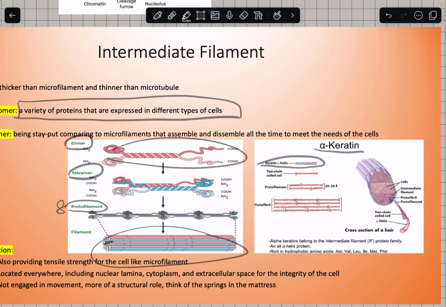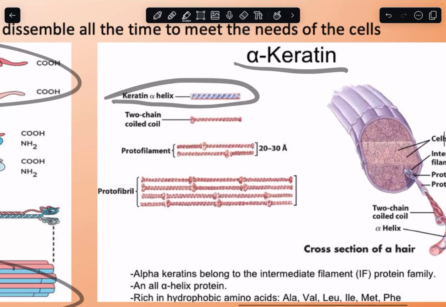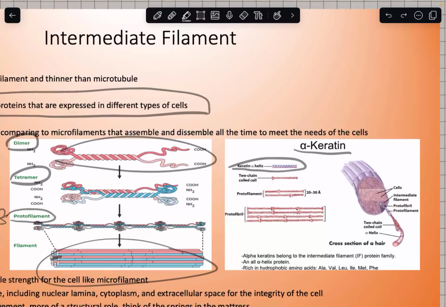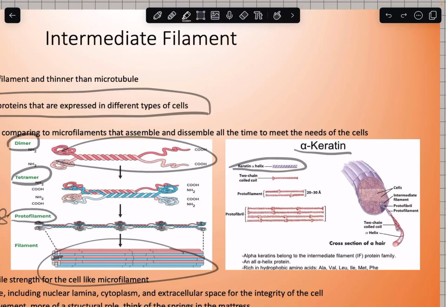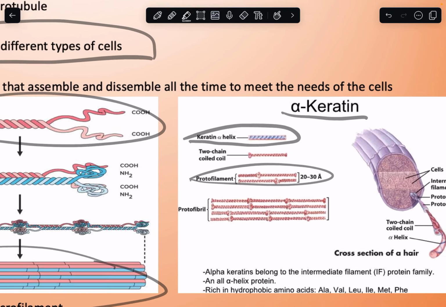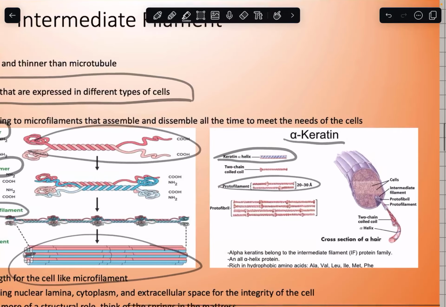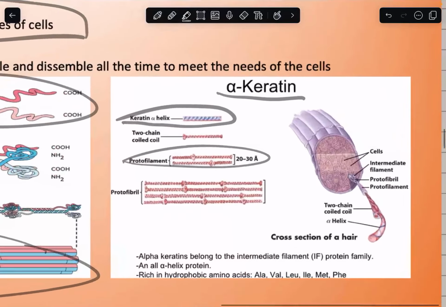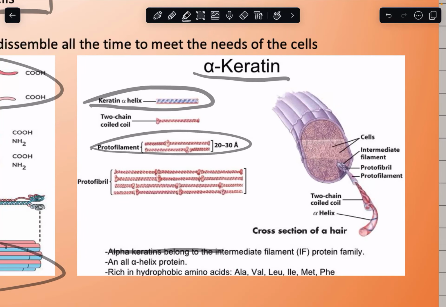And then 2 alpha helices will make a dimer, and then the dimer will make a tetramer, right? And eventually the tetramer is the protofilament, right? And then a lot of the protofilaments get together, you form this intermediate filament, okay? So really, keratin belongs to the intermediate filament protein family, okay?